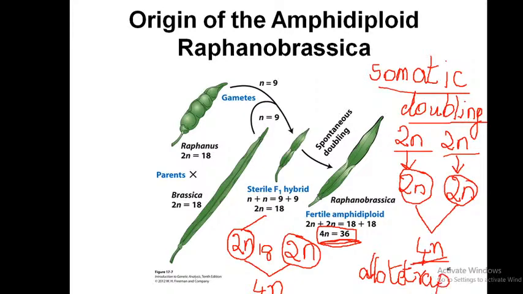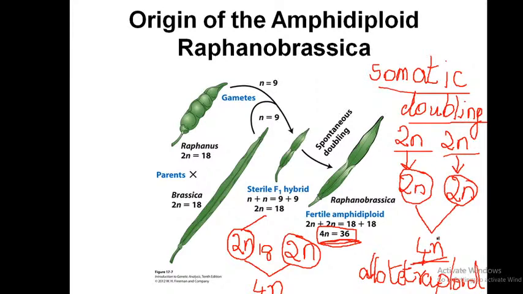Tetraploidy, that is number of the chromosome, that is known as allotetraploidy. So the allotetraploids are formed as a result of the doubling of the chromosomes, and that is known as somatic doubling. The resulting allotetraploid is fertile and acts as a functional diploid.